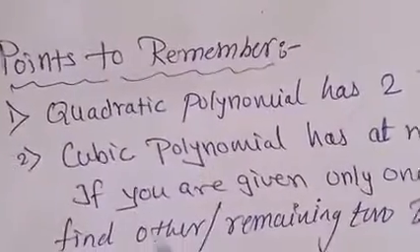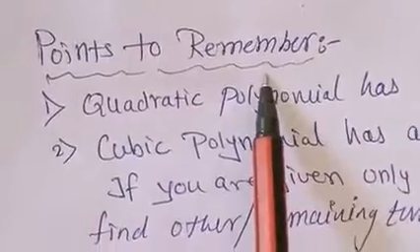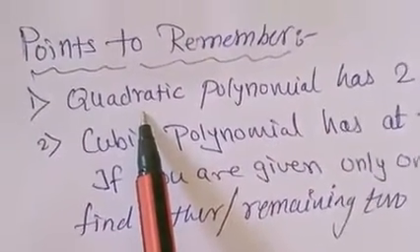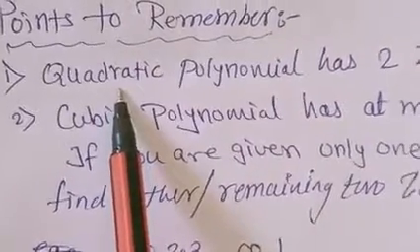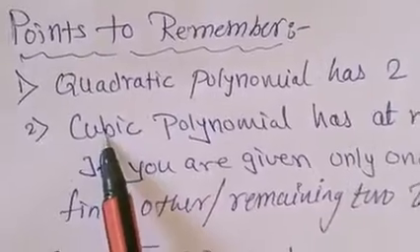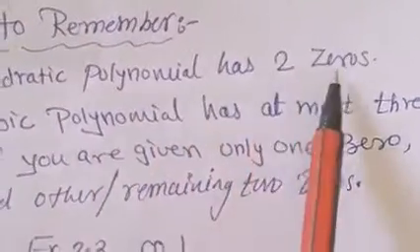For that, first we take some points which you have to remember. There are different types of polynomials that you saw in the previous lectures: linear polynomial, quadratic polynomial, cubic polynomial. If you are given a quadratic polynomial, then it has two zeros.